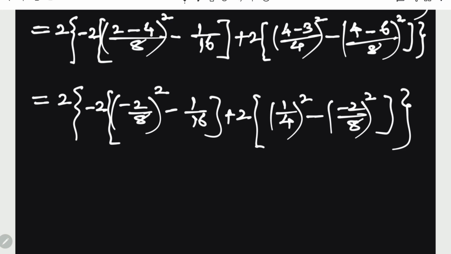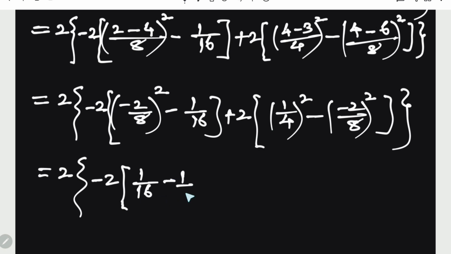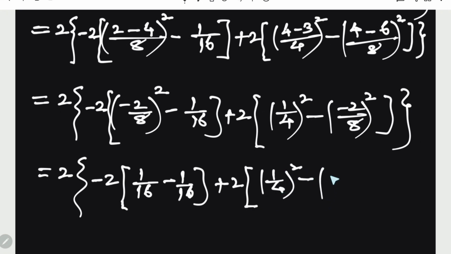Again simplifying, minus 1 by 2 multiplied by 1 by 16 minus 1 by 16, that term becomes 0, plus 1 by 2 times 1 by 16 minus 1 by 4 whole square, that term also becomes 0.